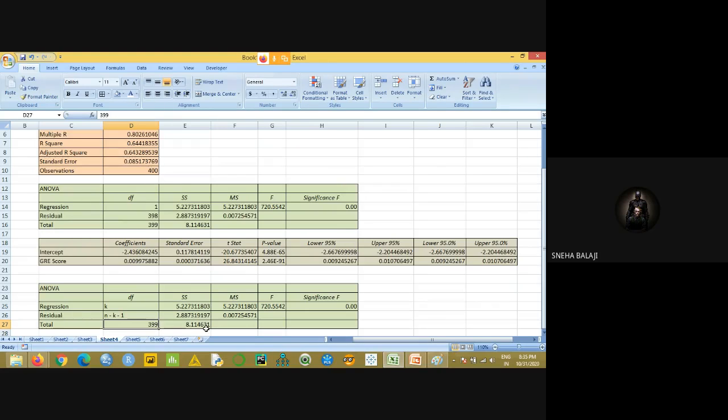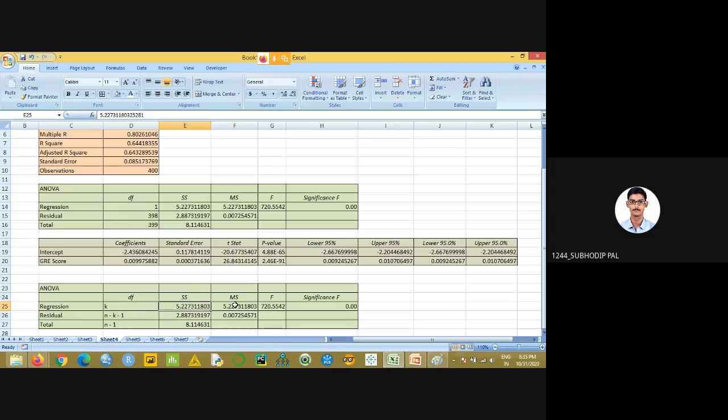I can calculate this one by summing up this and this. So k plus n minus k minus 1, I'll get this value. Otherwise, I can simplify this and write n minus 1. Okay. Got it?